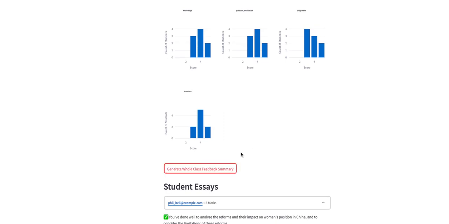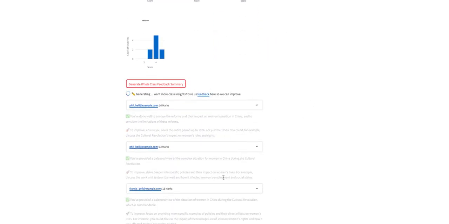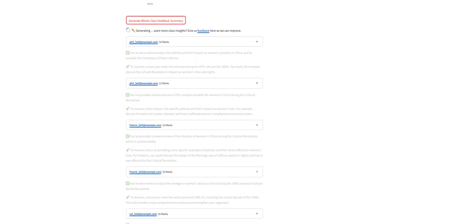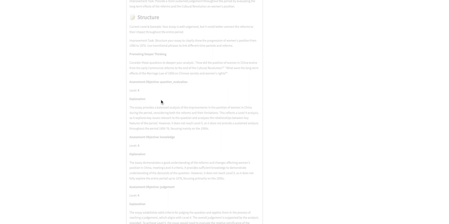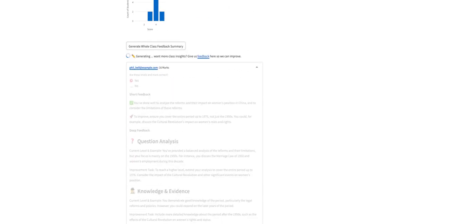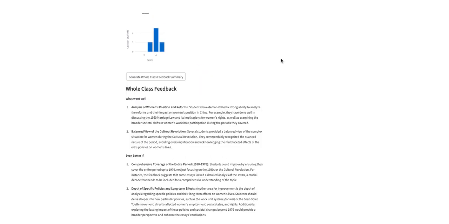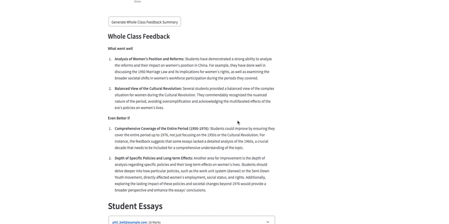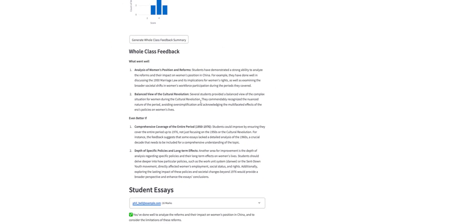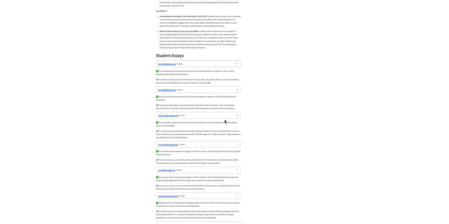I can also generate a whole class feedback summary, which summarizes all the feedback from the class. And for each student, I can go in and see what assessment objective level they were given and an explanation of that level. Similarly, I can see the short, long and deep feedback that the student has been given. And as you can see, this is just a summary of what went well and even better if for the whole class, based on all the feedback.